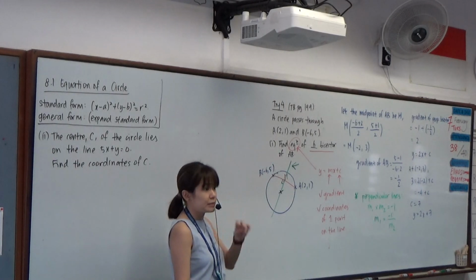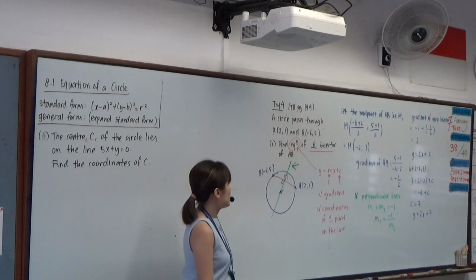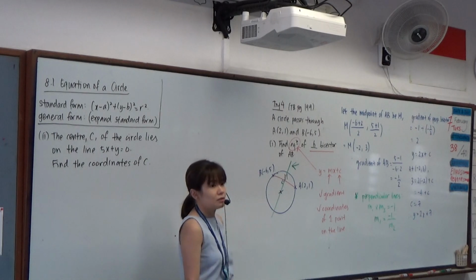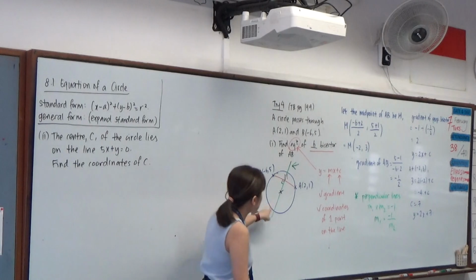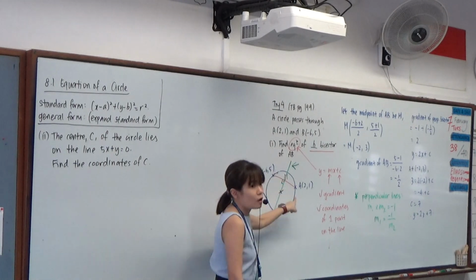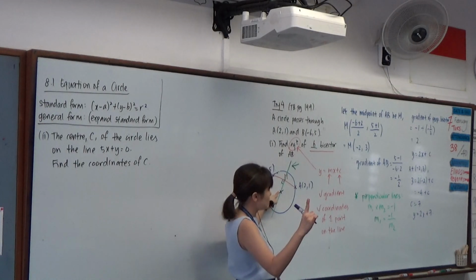Remember the property: AB is a chord itself, so its perpendicular bisector has to pass through the center of the circle.